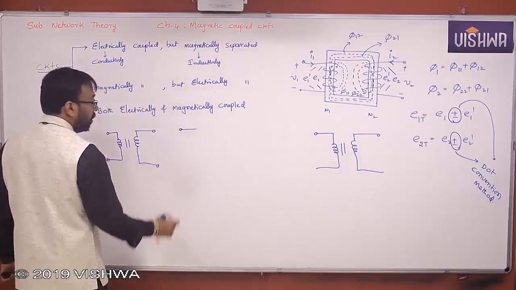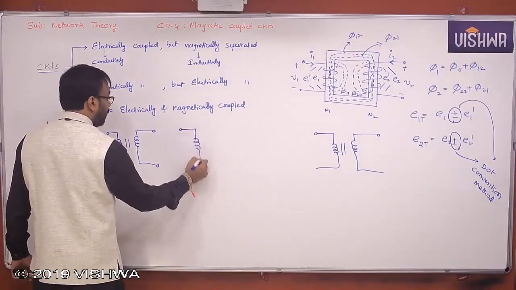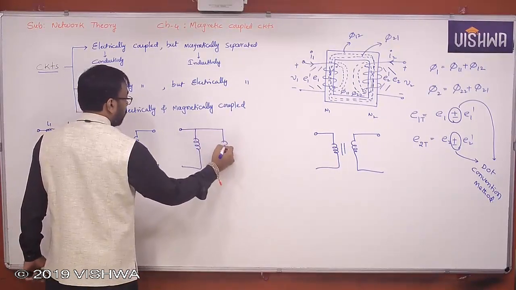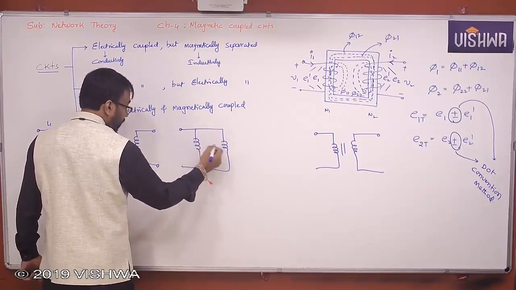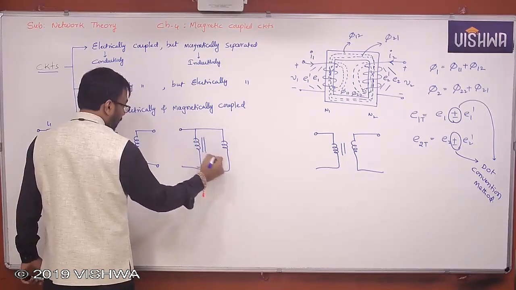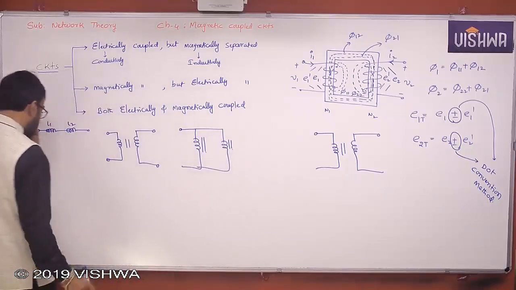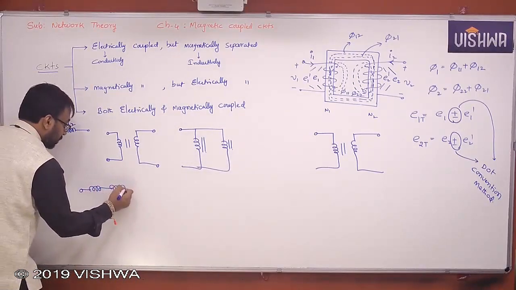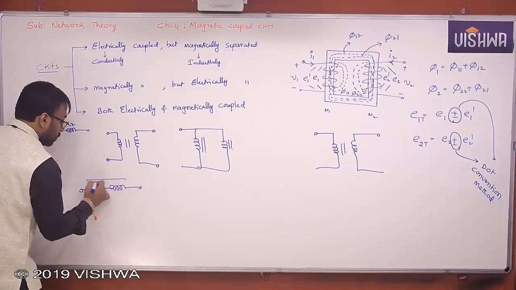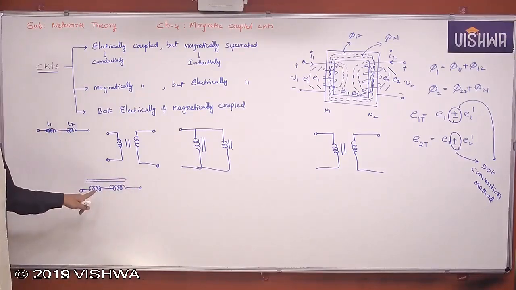Between these two there is a common flux. Otherwise you can say this kind of third category can also be shown like this. They are sharing a common core.